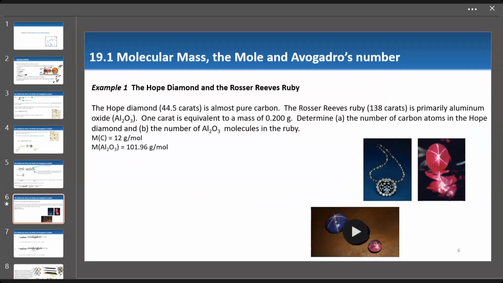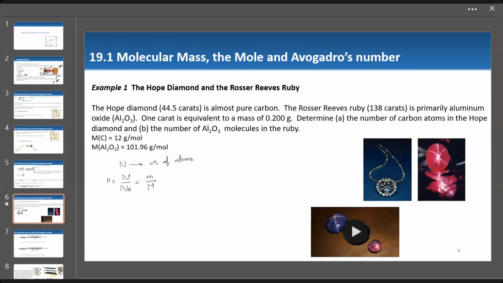So I'm given a particular ruby and a particular diamond, and we want to find the number of atoms in these. So to do so, where does the number of atoms show up? This is capital N. To find this capital N, number of atoms, I've seen it in the number of moles. The number of moles is N over Na, which is the mass over the molar mass as well.